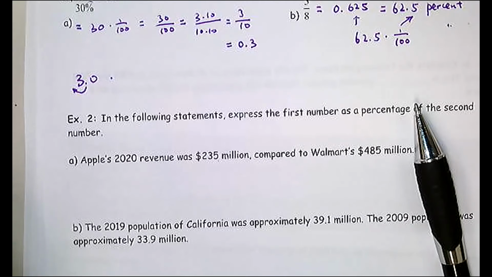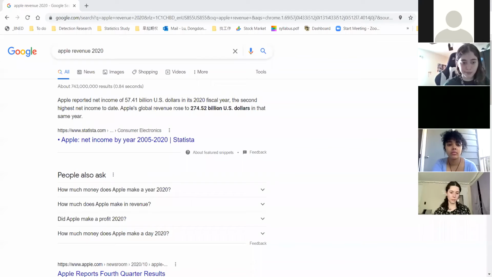Okay, let me show you right now what's on my screen. The question says that Apple, such a huge company, is only making $235 million in the year 2020. This is a huge typo.